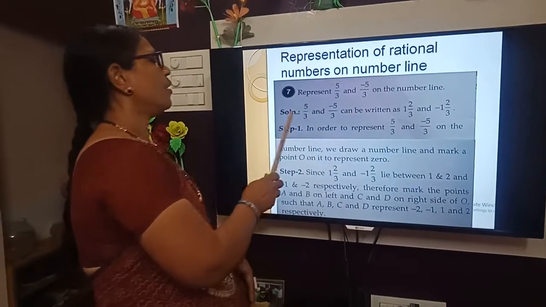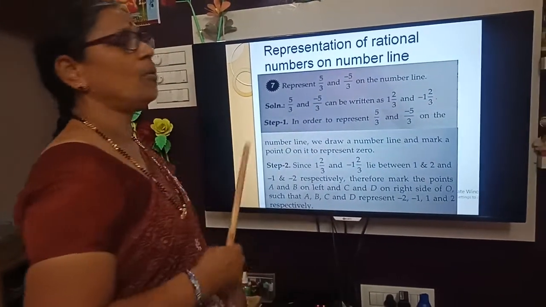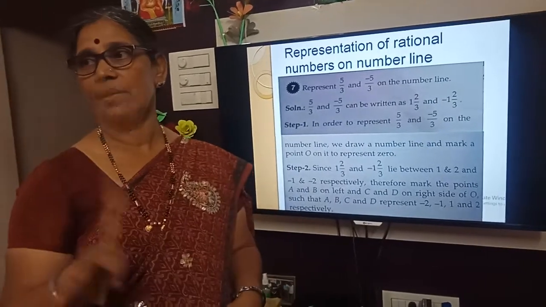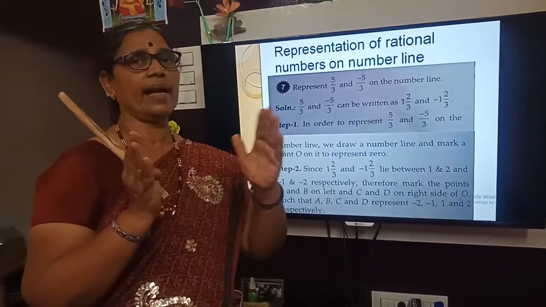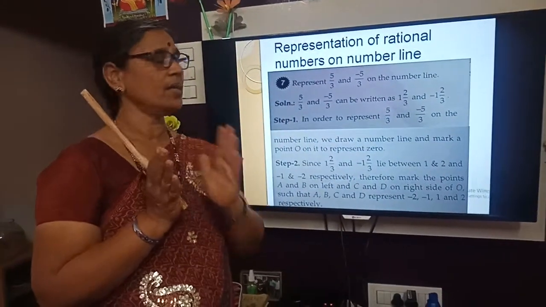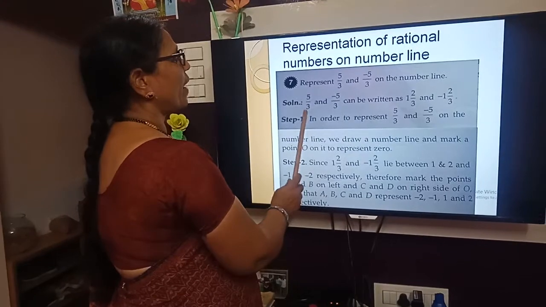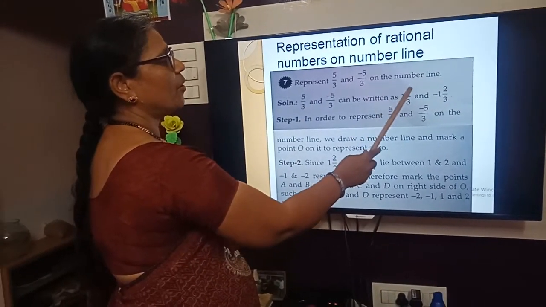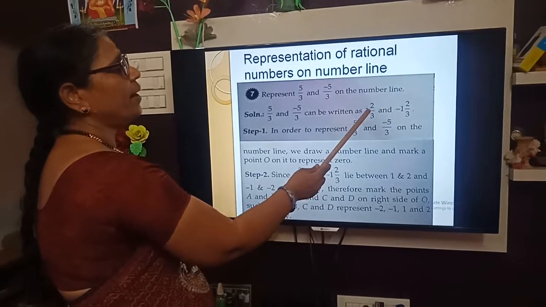First of all, you observe that 5 by 3 and minus 5 by 3 are more than 1 but less than 2. Means they lie in between 1 and 2. When I write 5 by 3 in the form of a mixed fraction, I will get 1 integer 2 by 3.